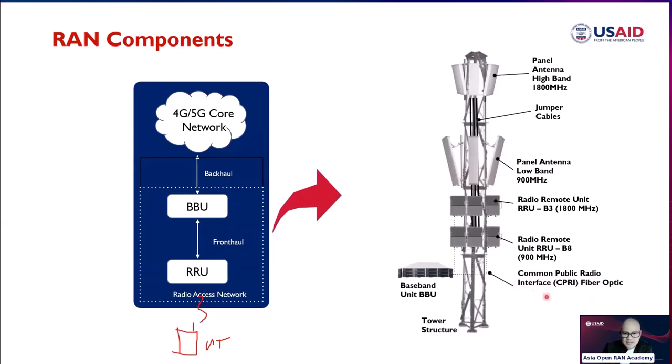CPRI is a standard protocol used to transmit the digital signals between the RRU and the BBU. It ensures that the signals are transmitted quickly and efficiently without any loss or degradation in quality.